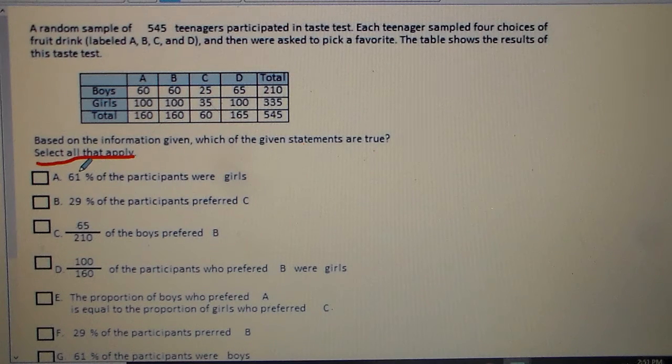So what this first one says is 61% of the participants were girls. To figure this out, we take the number of girls that we have, that's 335, and we're going to divide it by the total amount of people, 545.